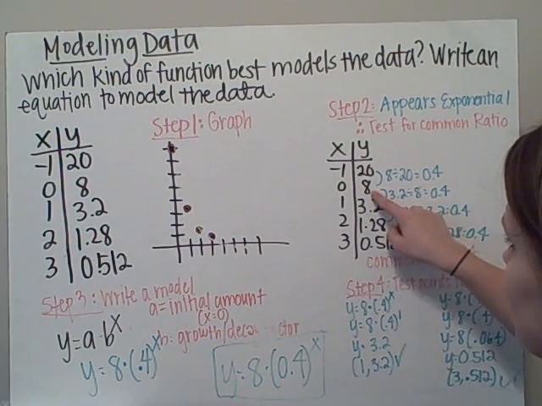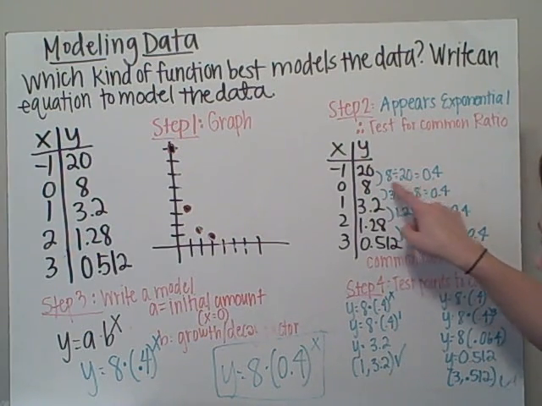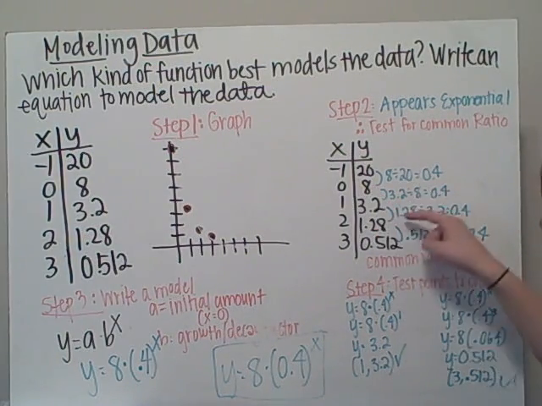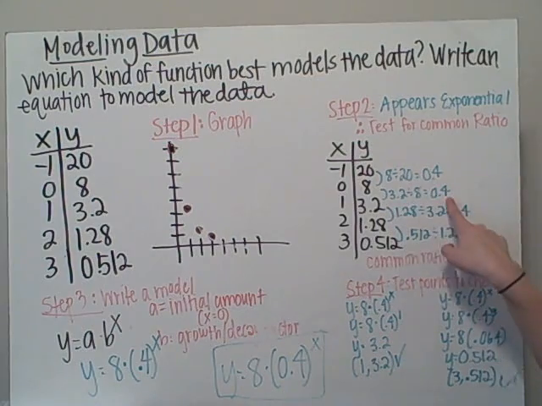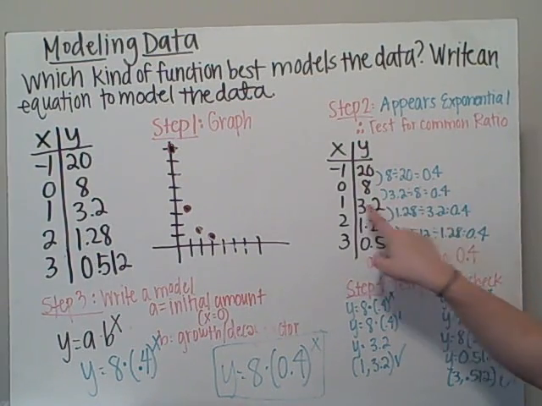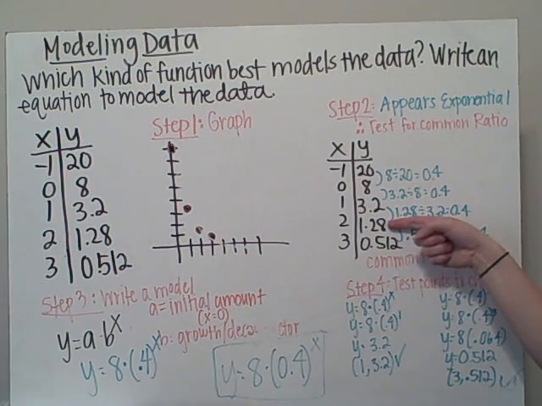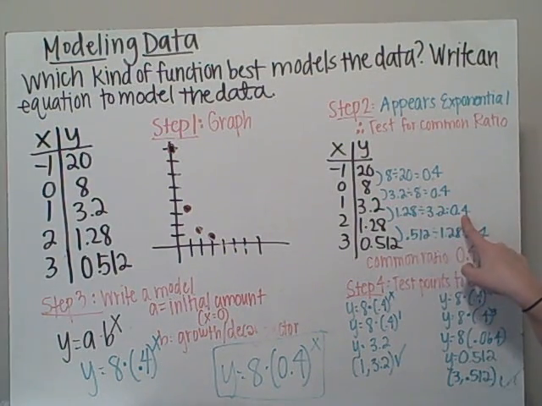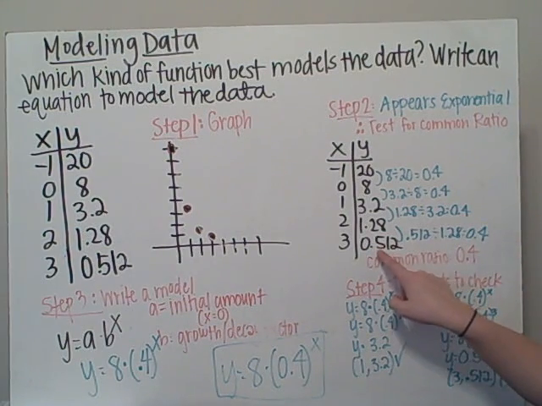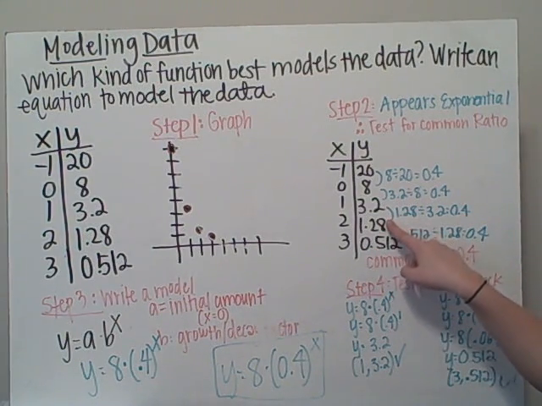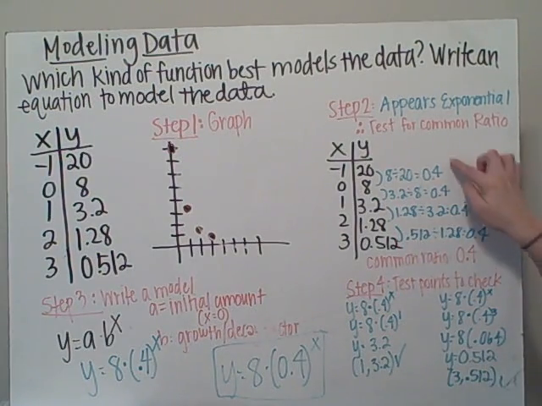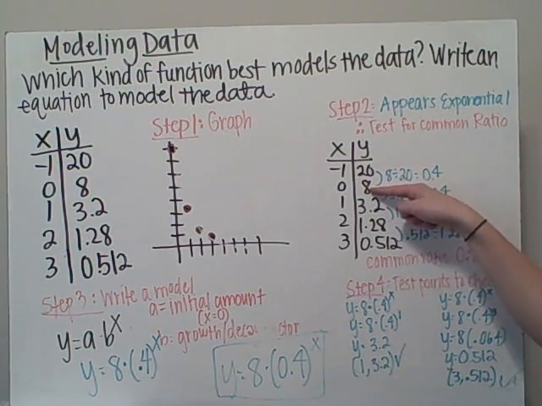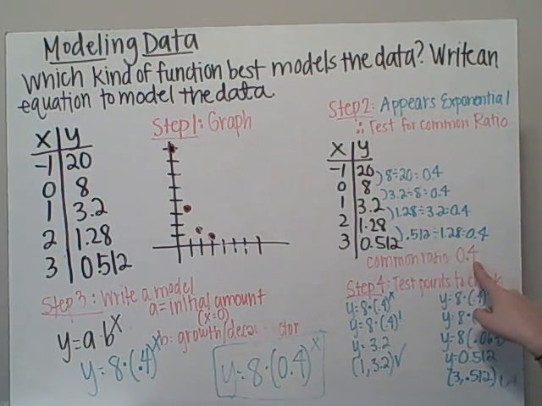So from 20 to 8, 8 divided by 20 is 0.4, because 20 times 0.4 gives me 8. 3.2 divided by 8 is also 0.4, so 8 times 0.4 gives me 3.2. 1.28 divided by 3.2 is also 0.4, and 0.512 divided by 1.28 is also 0.4, which means all of these numbers are being multiplied by 0.4 to get to the next one. They have a common ratio of 0.4.